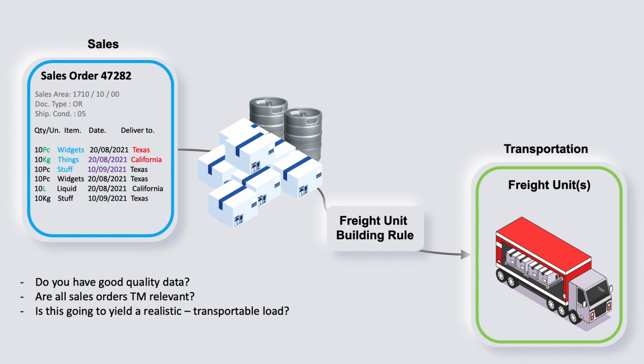If you ask a particular carrier to transport 10 units of a widget, it's going to be meaningless for them to provide a positive response to a request. What they will need to understand is what is the maximum weight, what is the maximum volume of what you're trying to transport.